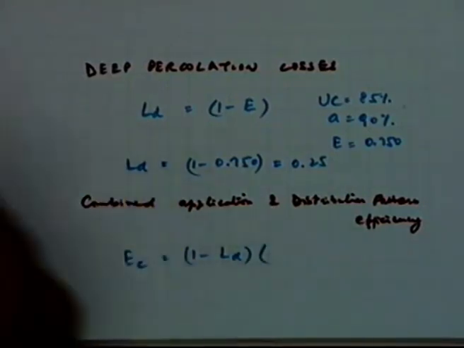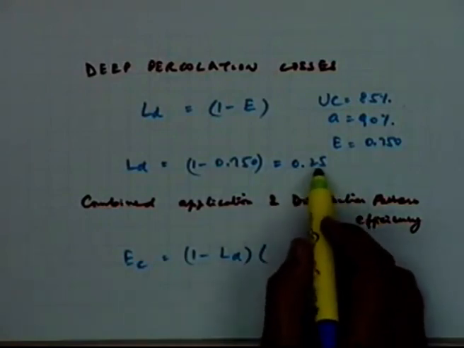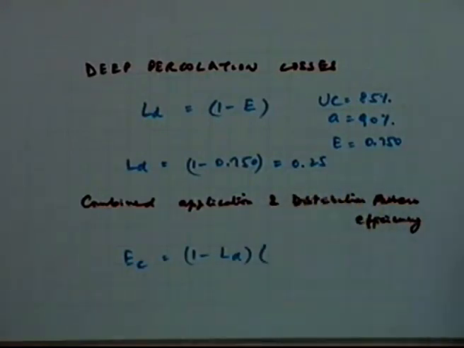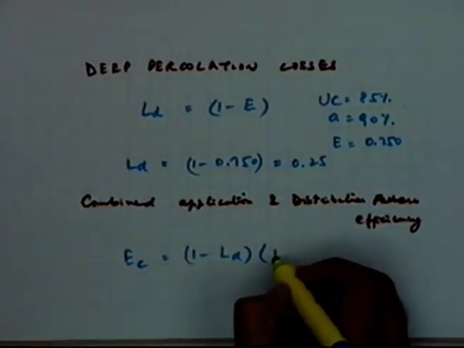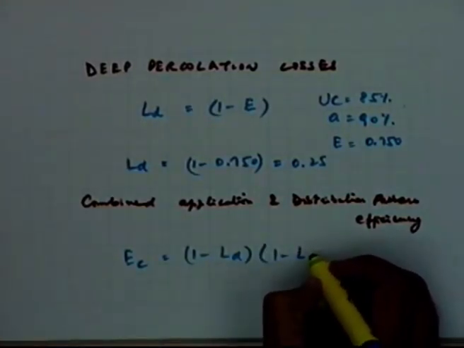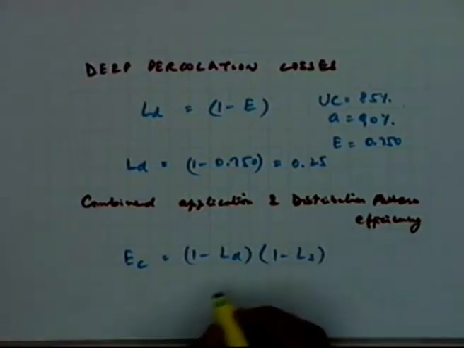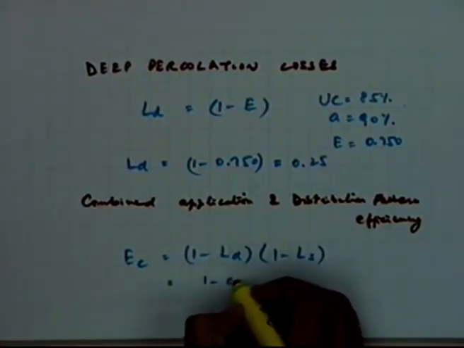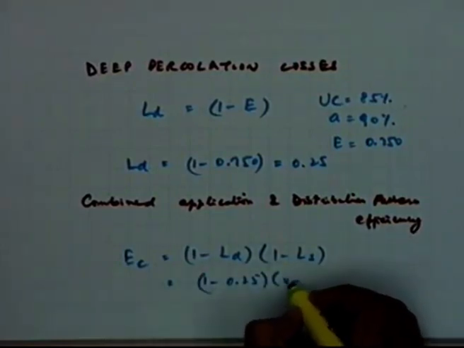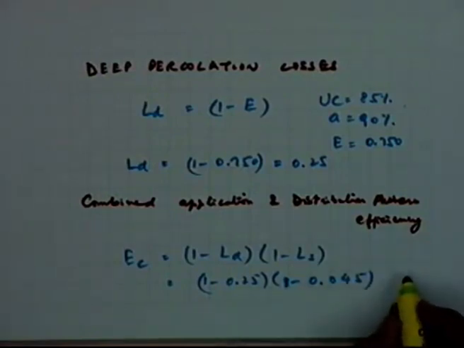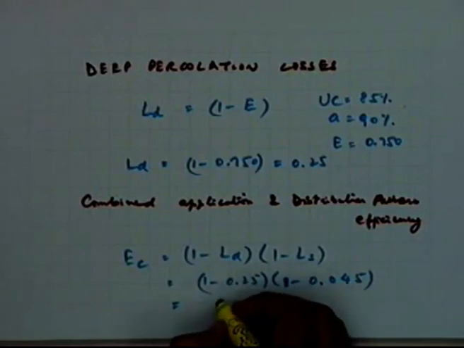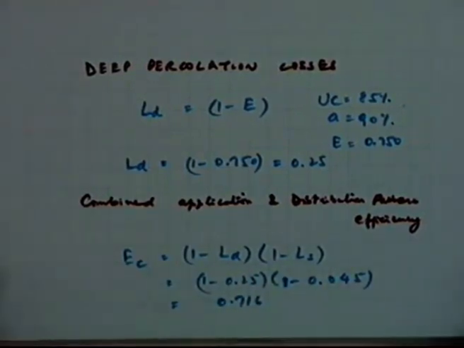This LD which we found earlier is 0.25, but the LS we found as 4.5%. When we use it in the combined efficiency expression, we express it as a fraction. So this will be 1 minus 0.25 into 1 minus 0.045, that is 4.5%, and this is 0.716. That is the combined efficiency which you will get for the present system.